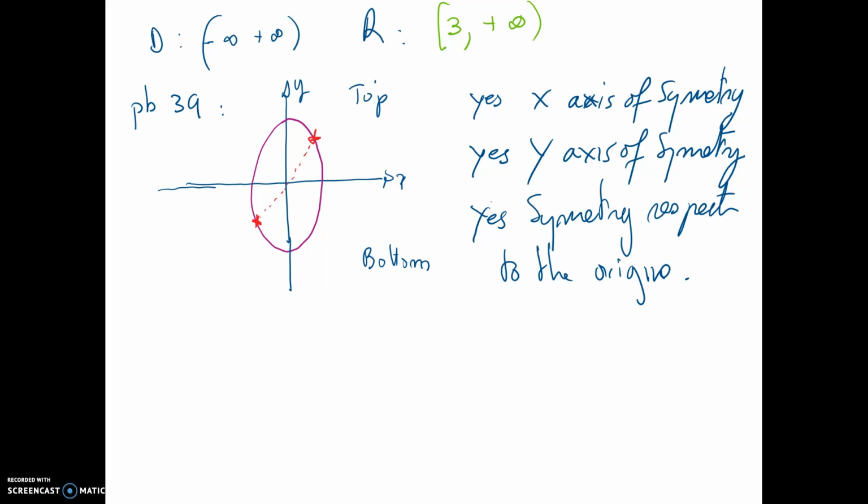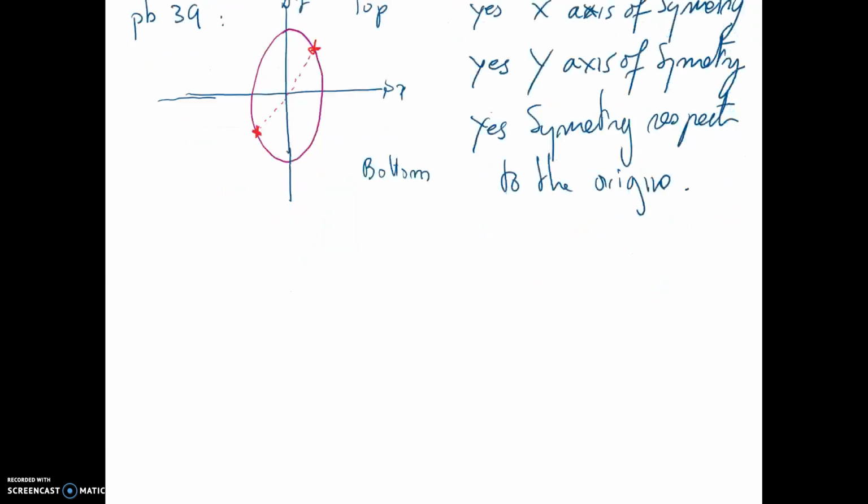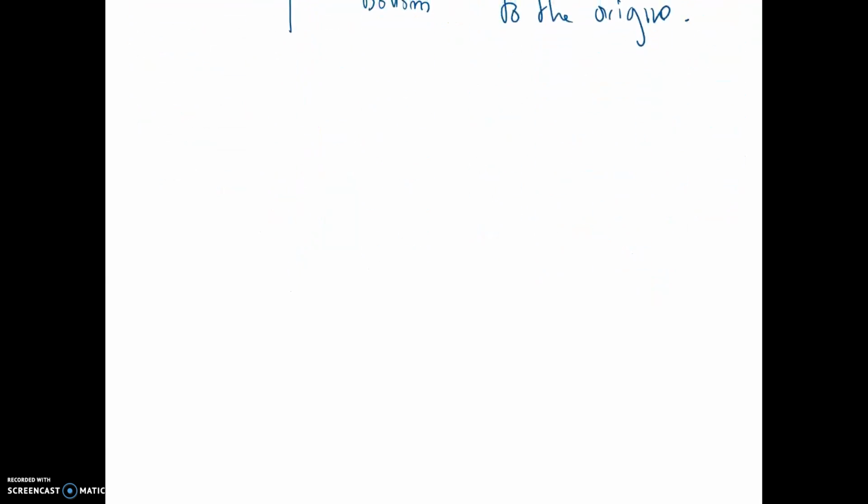Okay? All right, so now let's try to do a problem like number 59. On problem number 59, we are dealing with a function f of x equal to x to the fourth minus 7x squared plus 6.